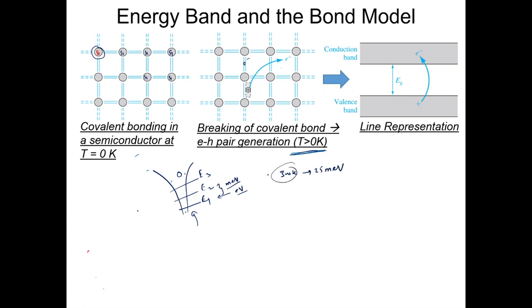So any finite temperature increase would be of the order of a few hundred micro electron volts to a few milli electron volts, and that's good enough energy for this covalent bond to break and the electron to get liberated and become a free electron, which can roam around in the crystal lattice. Now in terms of the band theory, what is the meaning of this free electron?